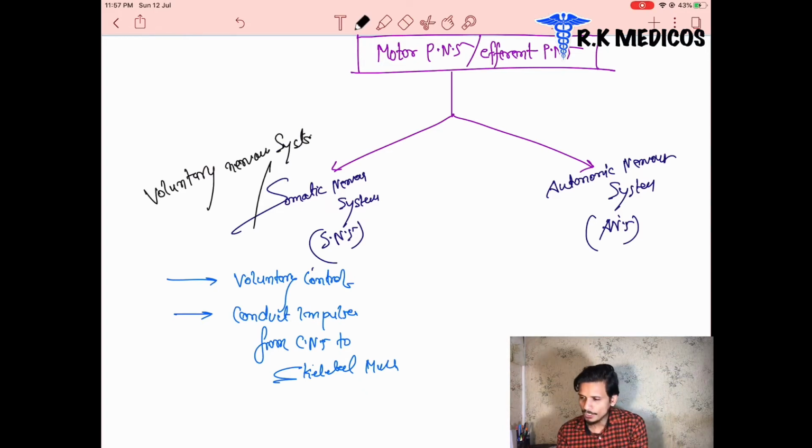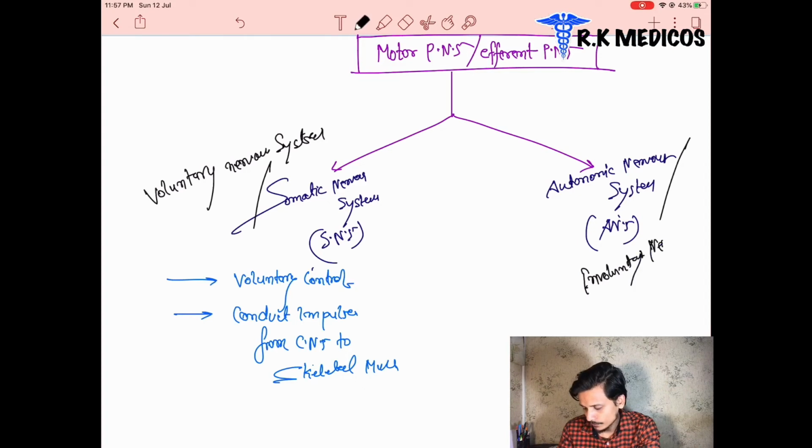Next, the autonomic nervous system is also called the involuntary nervous system. The autonomic one is the involuntary nervous system.